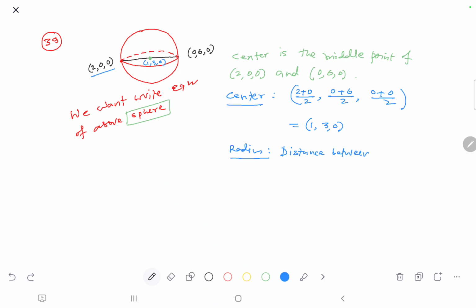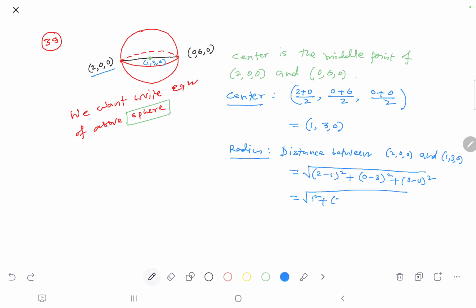We know how to find the distance between 2 points. So this is 2 minus 1 whole square plus 0 minus 3 whole square plus 0 minus 0 whole square. So this is 1 square plus negative 3 whole square plus 0 square, which is the square root of 1 plus 9, so square root of 10.